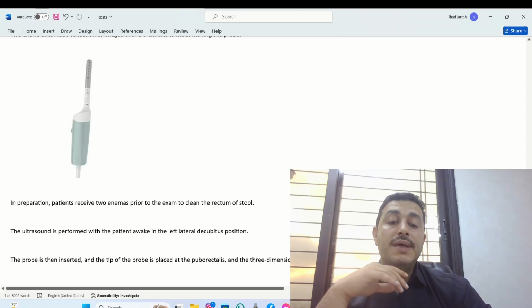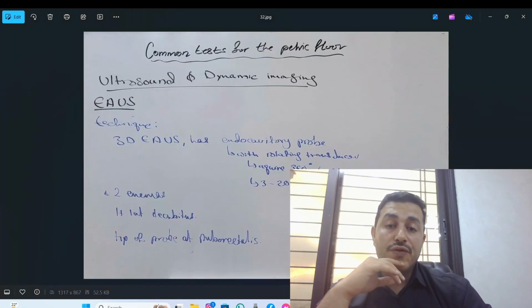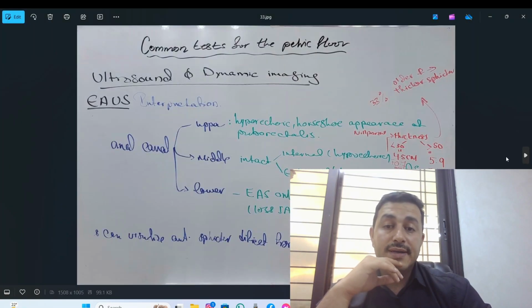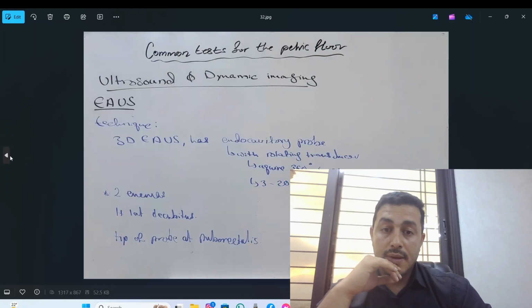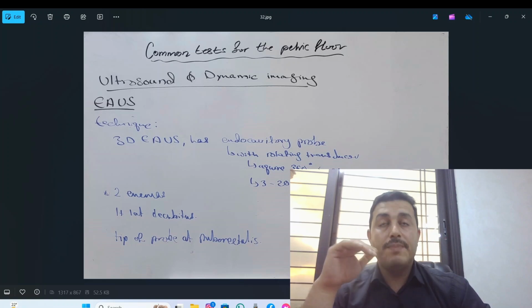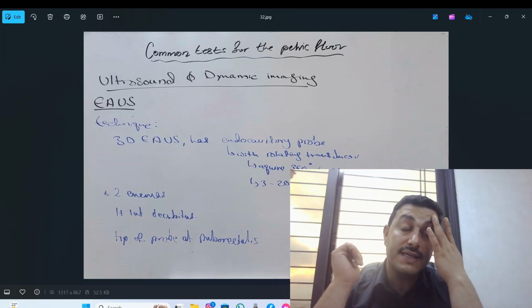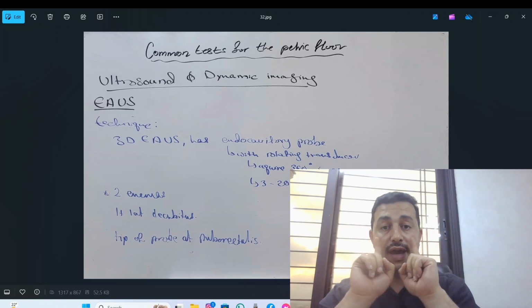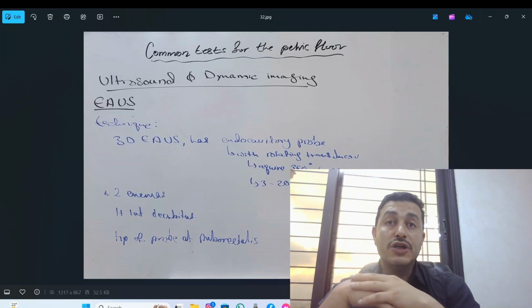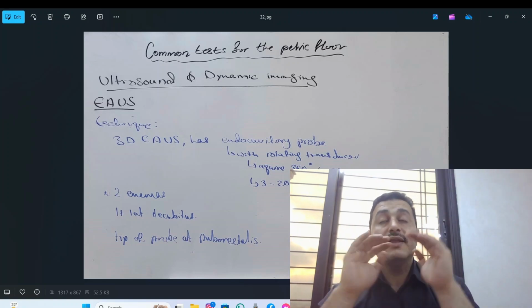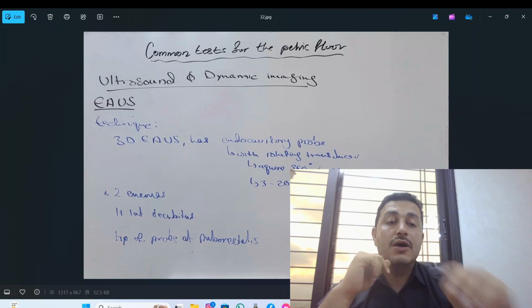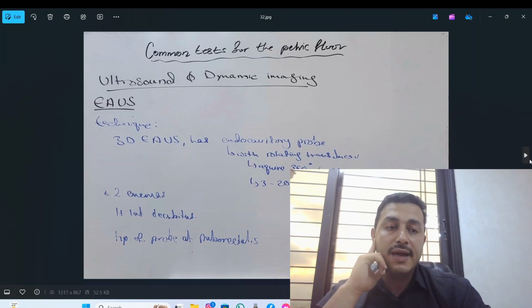The tip should be at the level of the puborectalis. We said that the puborectalis, which engulfs the rectum, is at the level of the anorectal junction or anorectal ring, the end of the rectum and beginning of the anal canal.